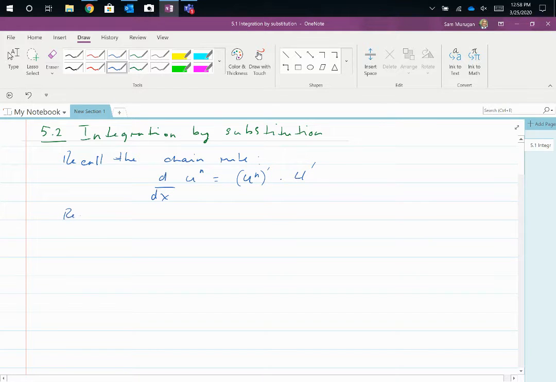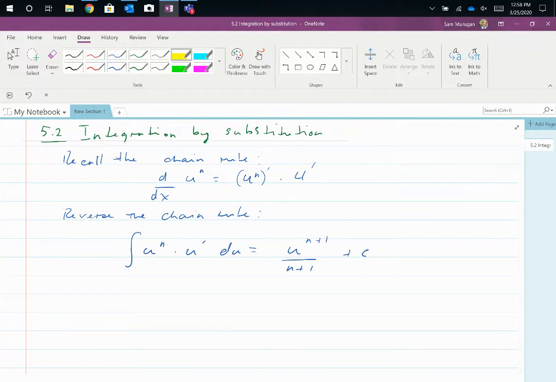If we reverse the chain rule, and we took the derivative of u to the power n u prime, the integral of u to the power n u prime with respect to u would be equal to u to the n plus 1 over n plus 1 plus the constant term.